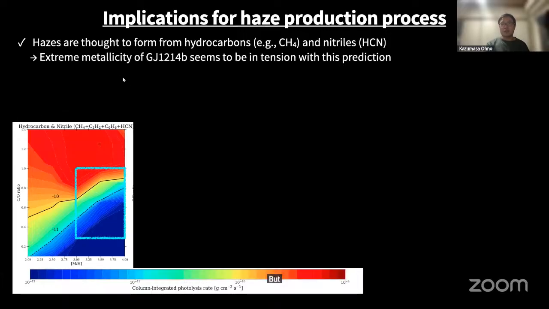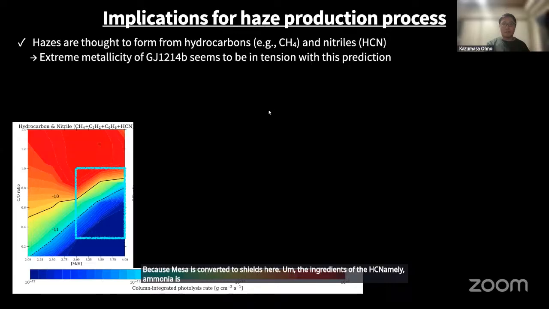But in general, such methane and HCN abundances decrease with increasing metallicity, because the methane is converted to CO2, and the ingredient of HCN, namely ammonia, is converted to N2.